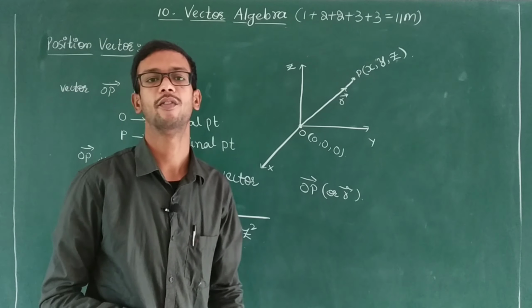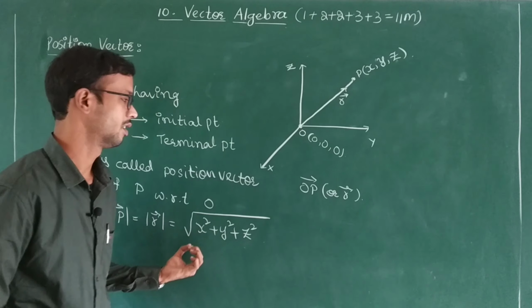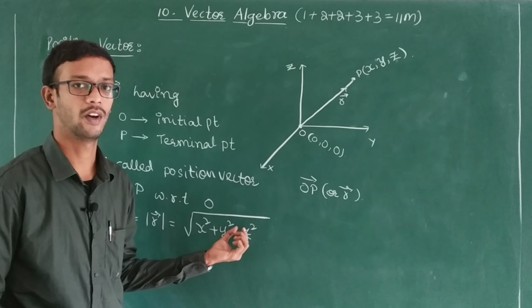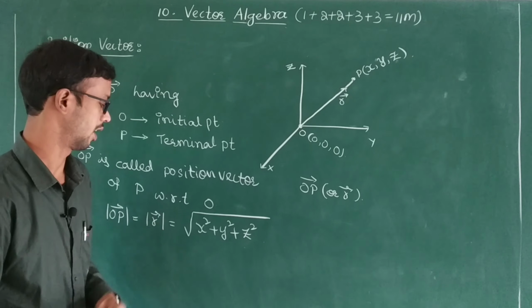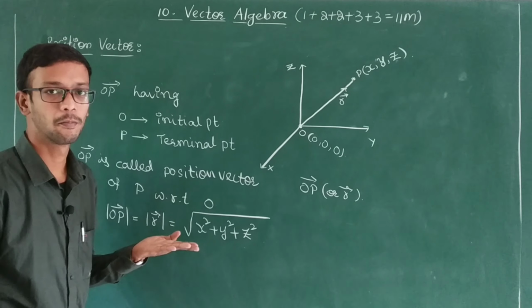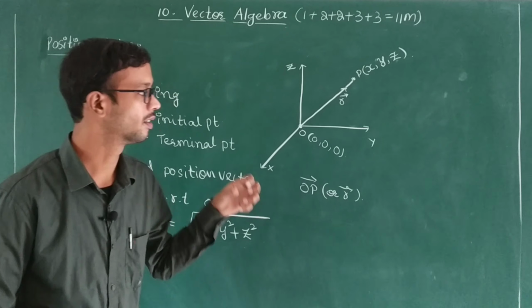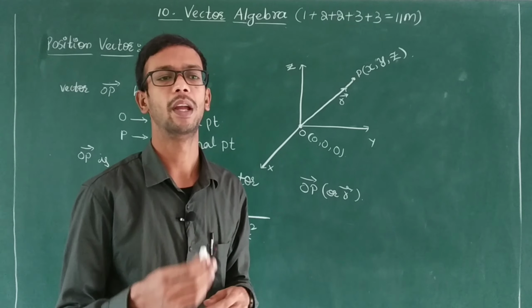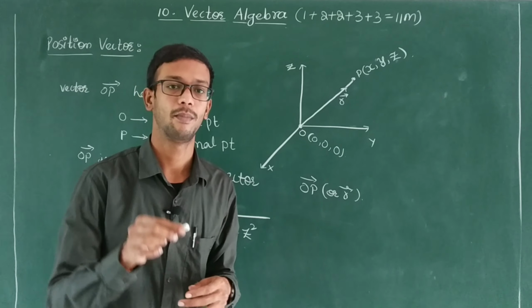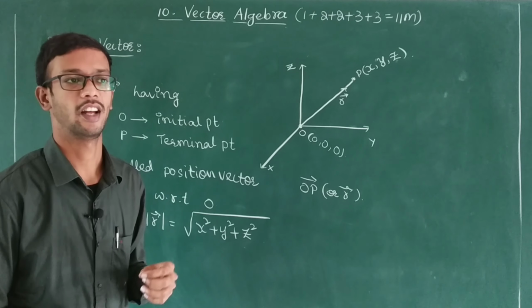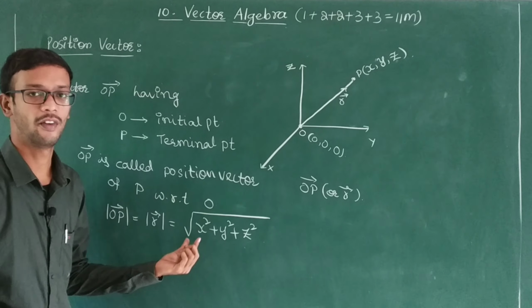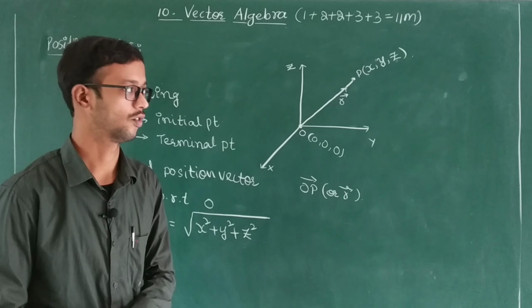So the magnitude of the position vector is the square root of x square plus y square plus z square. This is a general position vector, and we will use it in a lot of places. Position vector is nothing but OP bar, and R bar is also a position vector.